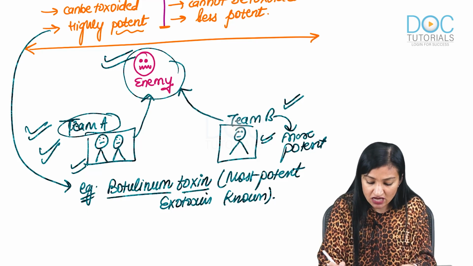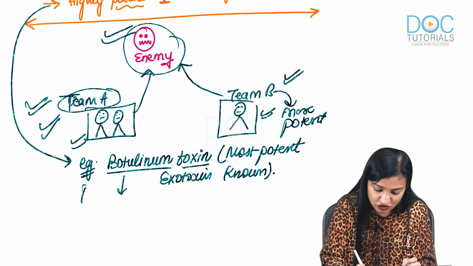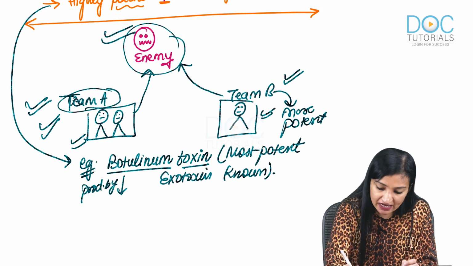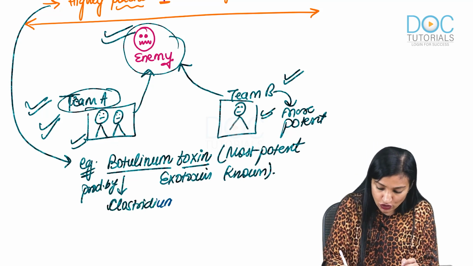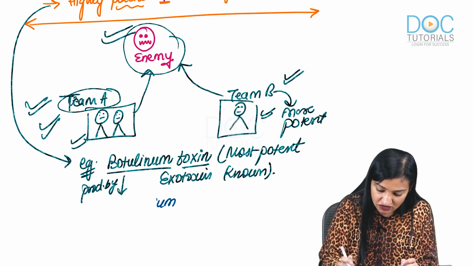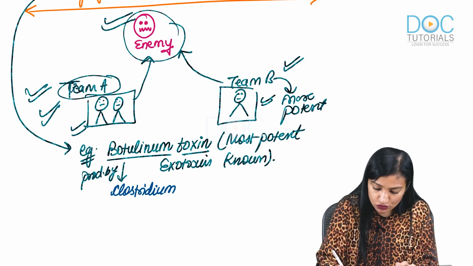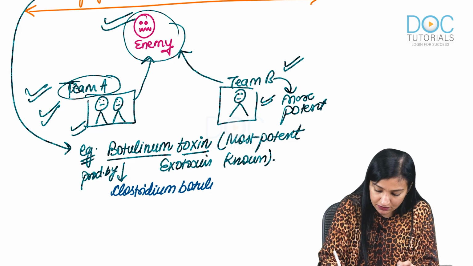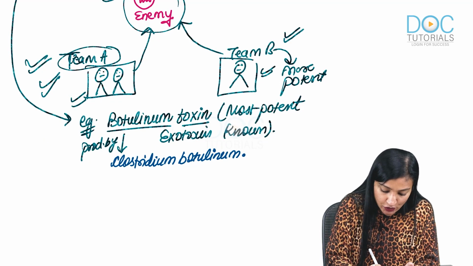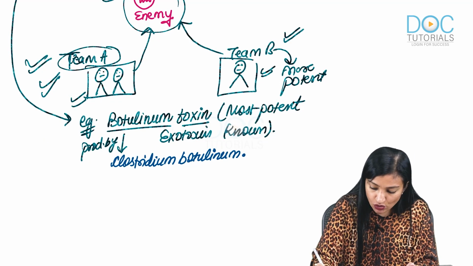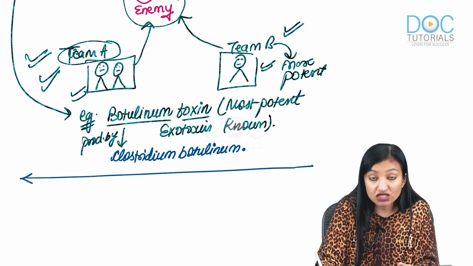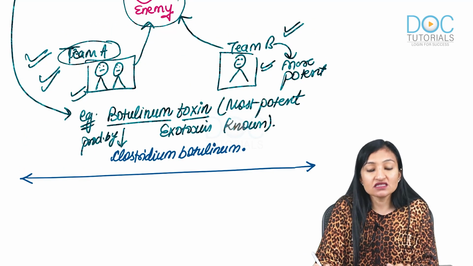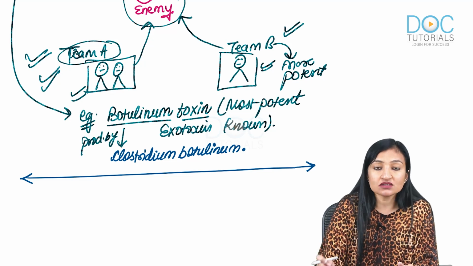The botulinum toxin is produced by Clostridium botulinum, again a gram-positive organism. We are going to see many examples of exotoxins as we discuss clinical bacteriology modules. So guys, this is about the virulence factors of microbes.